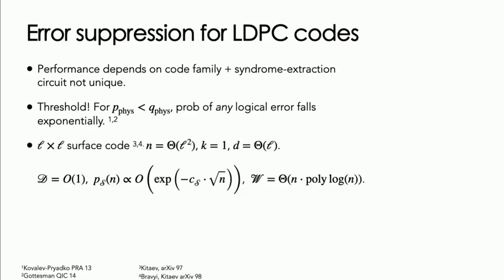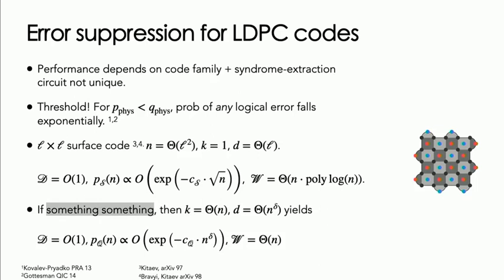So our favorite code, the one we all know and love, is the simple surface code. In an L by L surface code, it's got n physical qubits. It encodes a single qubit, and it's got distance d.